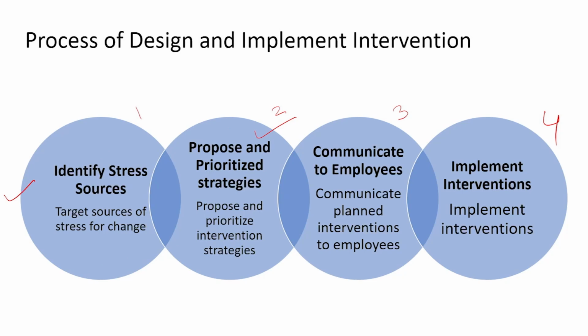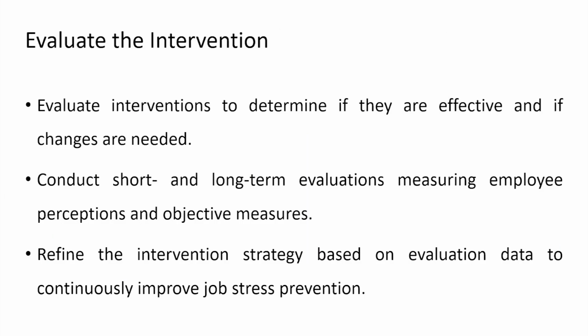Every university, every college, every school was told what kind of changes they are supposed to do, what kind of infrastructure they require, what kind of changes will be there in their curriculum as well as in the evaluation process. So, implementation of intervention is also there.